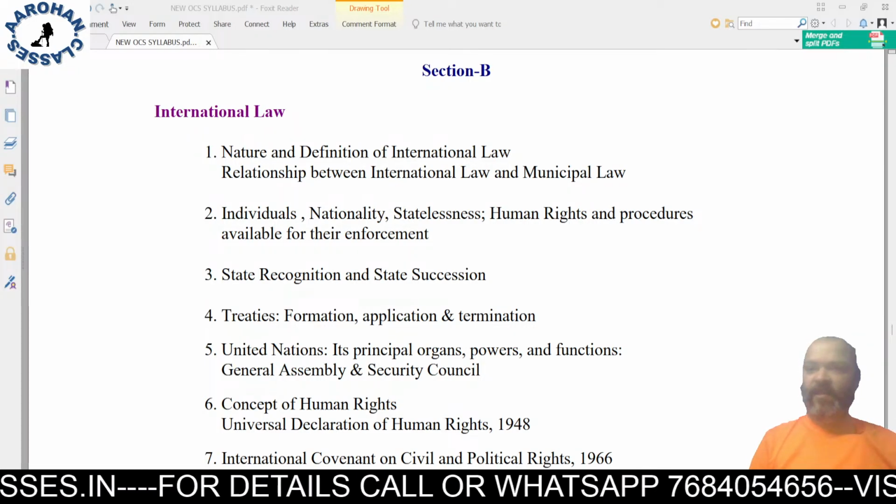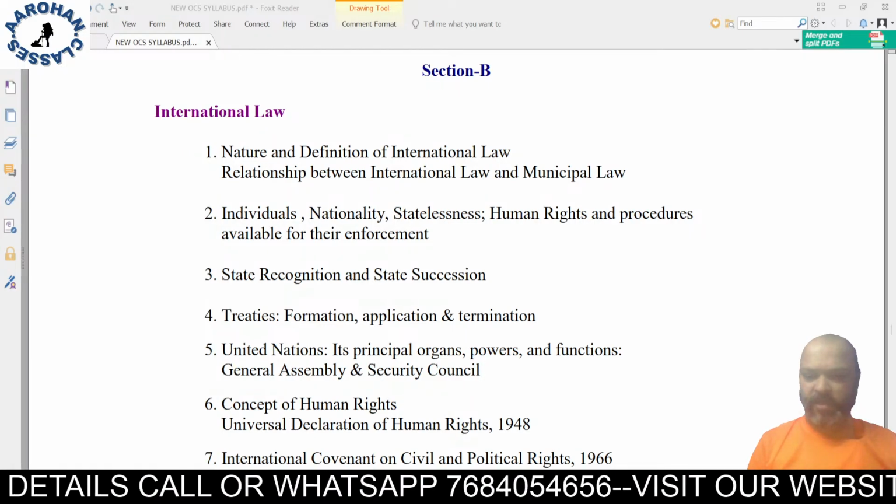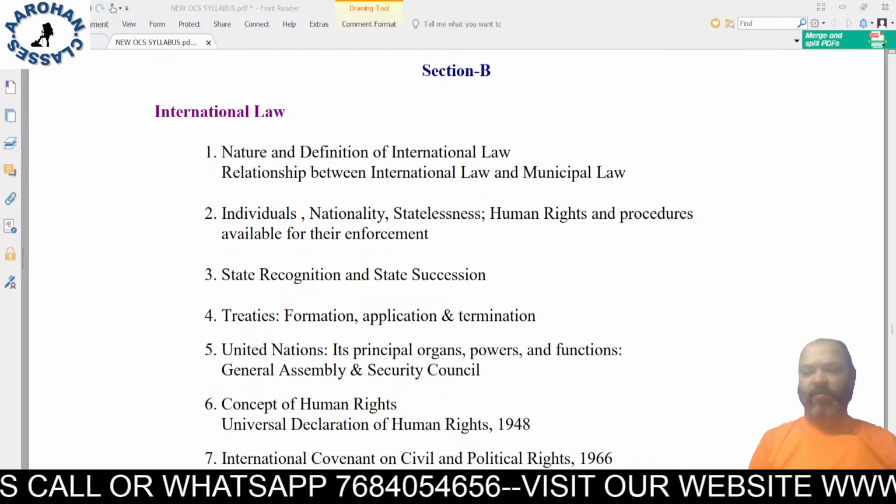These are the textbooks that I am talking about. Notes obviously will be there, which I will tell you about a little later.